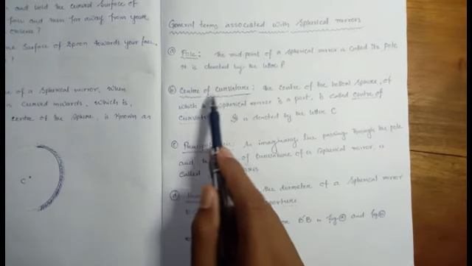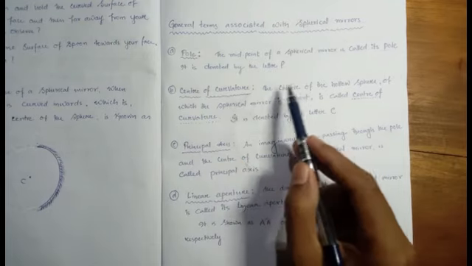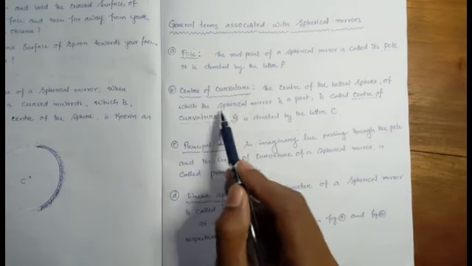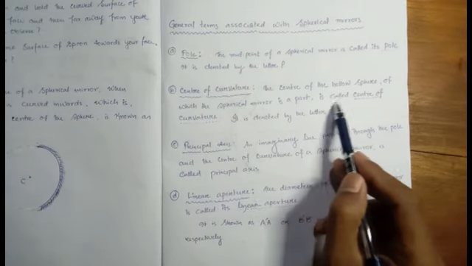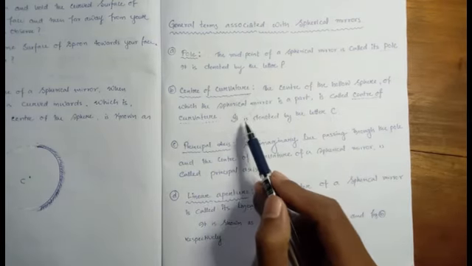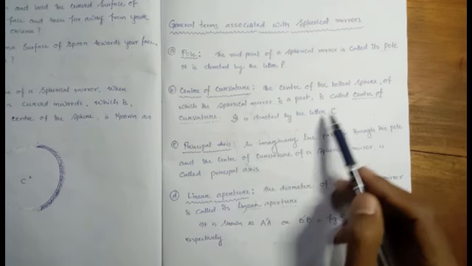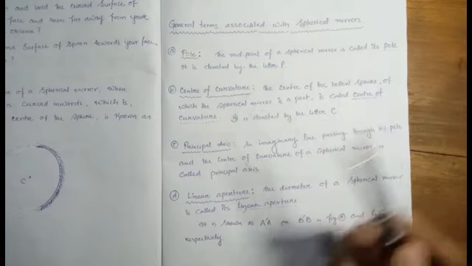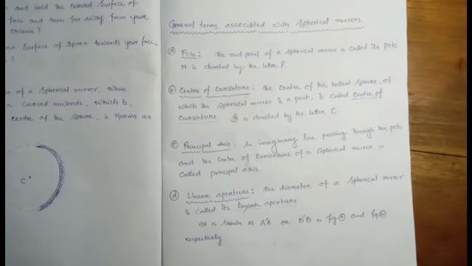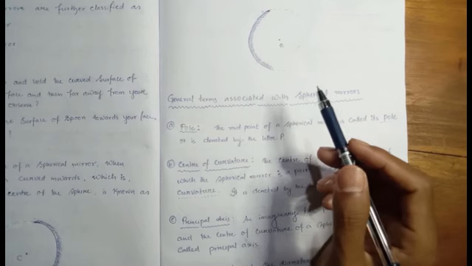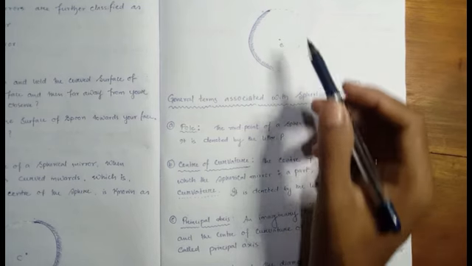Number 2, center of curvature. The center of the hollow sphere of which the spherical mirror is a part is called the center of curvature and it is denoted by the letter C. So as we already explained, your convex mirror or concave mirror is a part of a spherical surface called a hollow sphere.